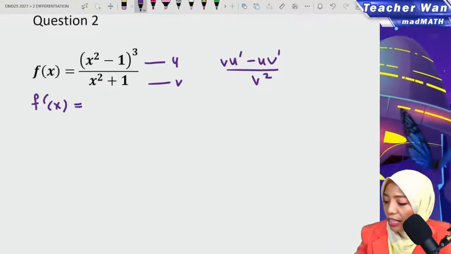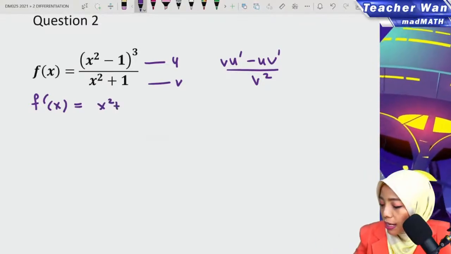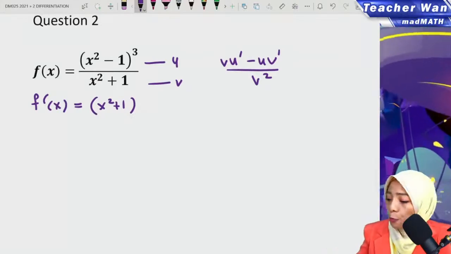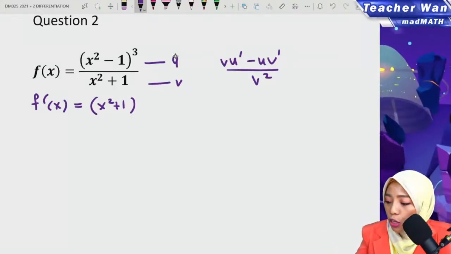Now v. Our v is x square plus 1. What is our u prime? So we are going to differentiate the u function here.